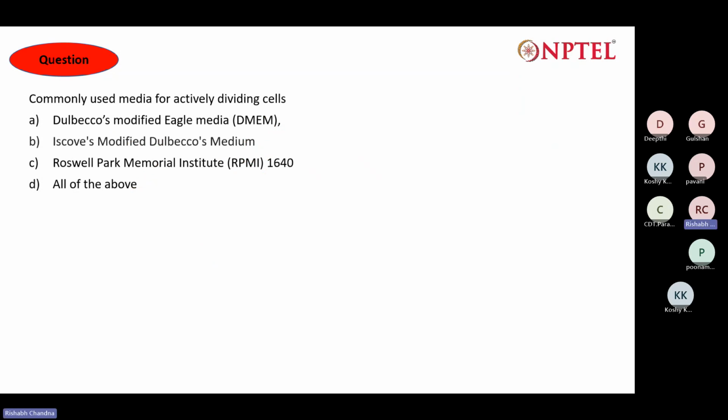So the commonly used media for actively dividing cells is Dulbecco's modified Eagle medium, Iscove's modified Dulbecco's medium, or Roswell Park Memorial Institute 1640 medium, or all of them. Can anybody answer? Commonly used is answer A. Okay.